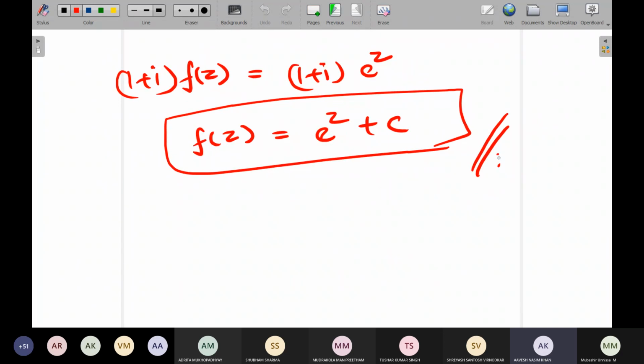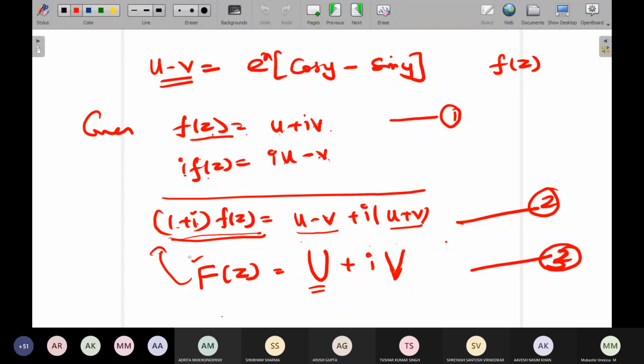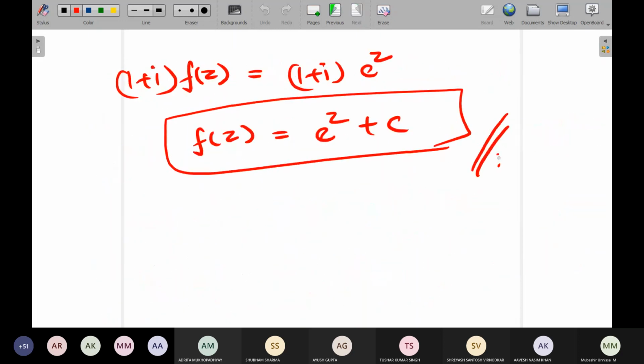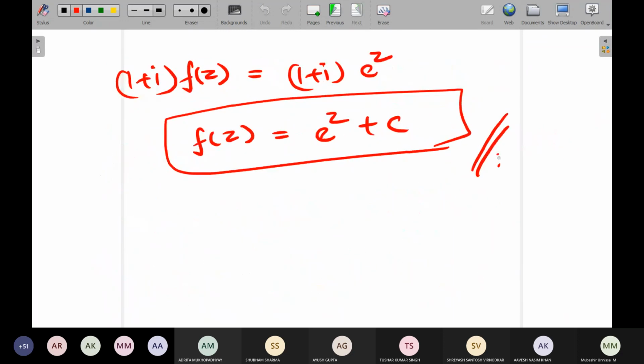And can you show the starting of the question? And in the last one, how do we compare? Which equation are we comparing? Here you write down by equation number 3. How is equation 3 coming from 2? What is 3? It was capital F of z.